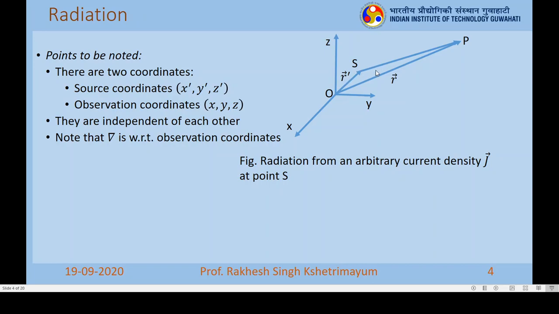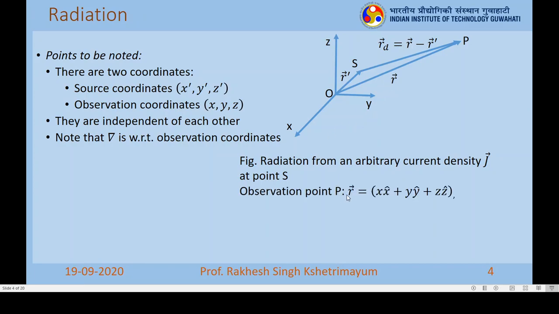The difference, the vector SP, is r minus r dash. I will denote the difference between the observation point and the source point as r_d, d for difference. So r_d is r minus r dash.